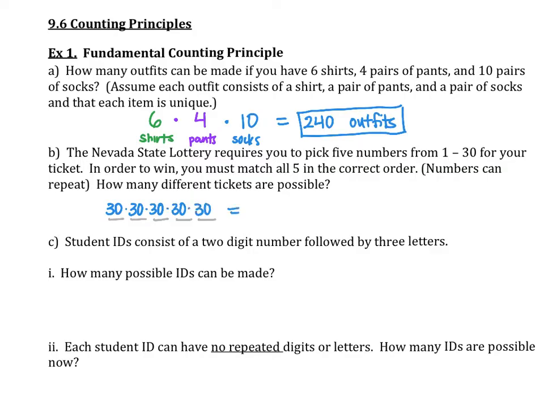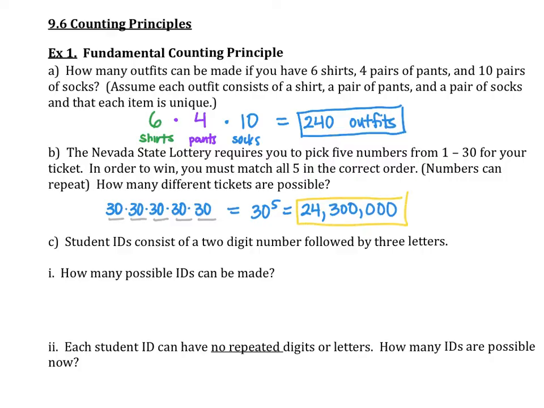So there's 30 to the 5th possibilities. And if I put that in my calculator, that would be 24,300,000 ways to pull the 5 numbers, however they pick the lottery.